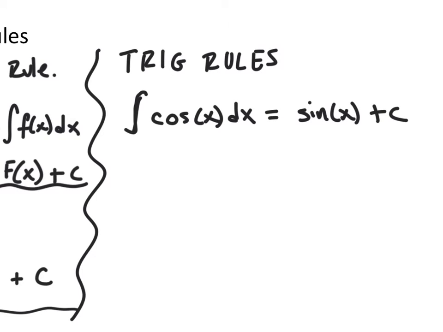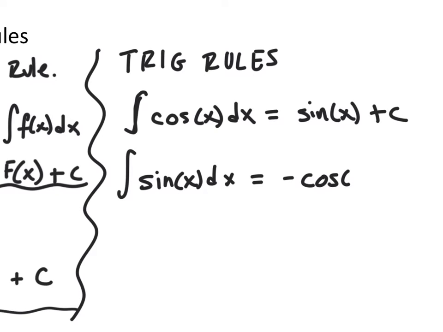If I take the antiderivative of sine of x dx, then this is going to give me negative cosine of x plus c.